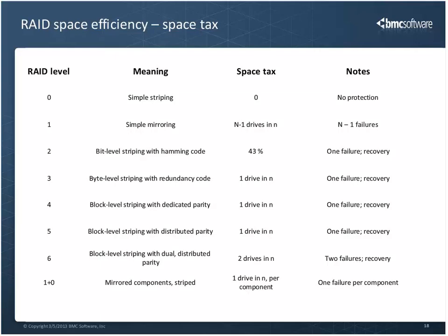So out of those, one drive will be used entirely for parity. So that would be the tax you would pay for having this. In other words, if you had, say, 7 terabytes of space in the back-end drive, you would expect to have only 6 terabytes of usable space on the RAID. And operationally, what this means is that you can tolerate one failure and automatic recovery from that failure.